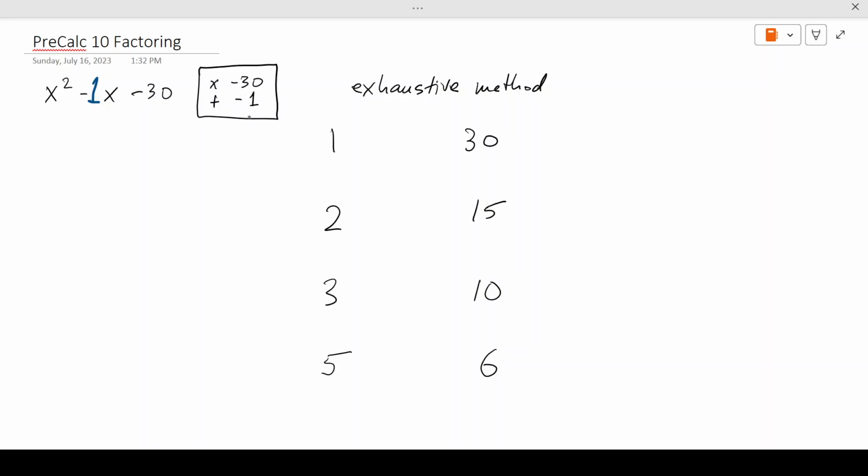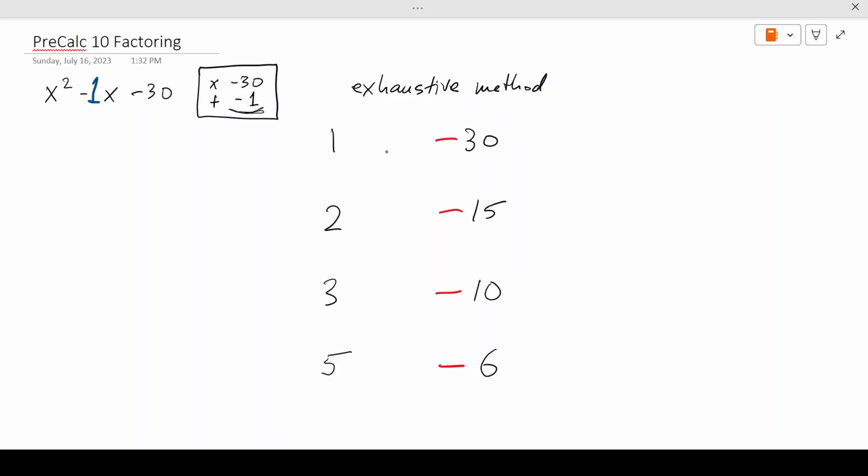And because we wanted to add to a negative, negative 1, what we're going to have to do is choose all of the bigger numbers to be negative and the smaller numbers to be positive. Because when you add a positive and a negative, the bigger one is the one whose sign will win in that integer operation.